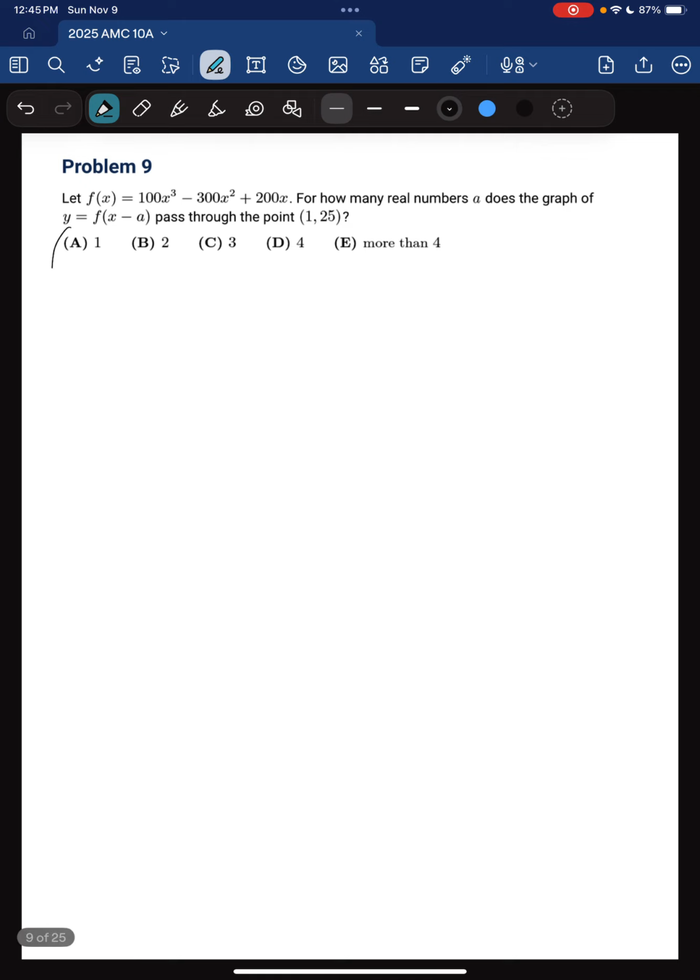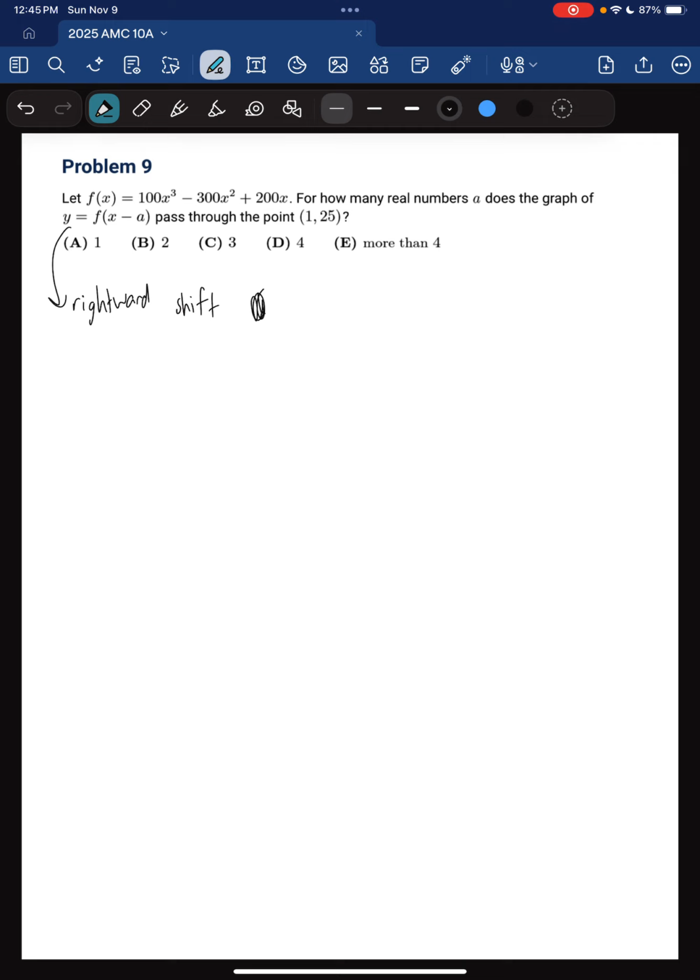What this equation, y equals f of x minus a, means is basically a rightward shift by a.